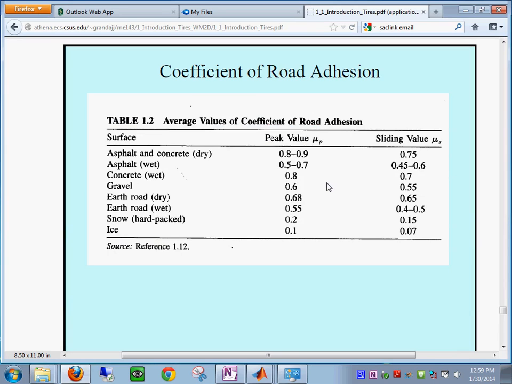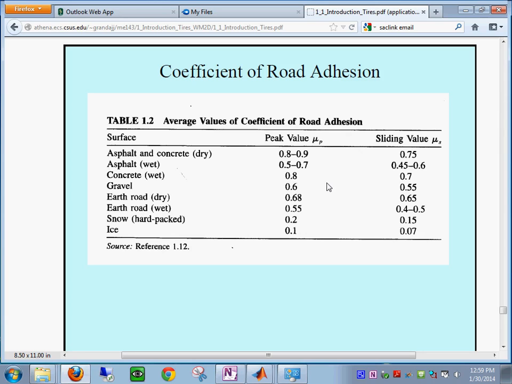Okay. This is also a measure of the coefficient of road adhesion. It has to do also with the resistance of the tire to turning. Here are some interesting data so that you begin having in your mind the value of this coefficient of road adhesion.